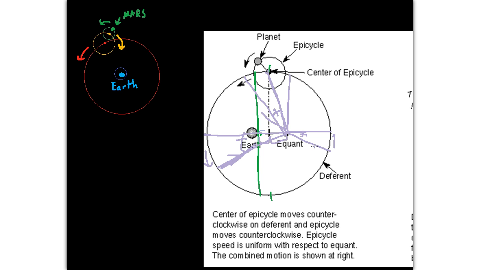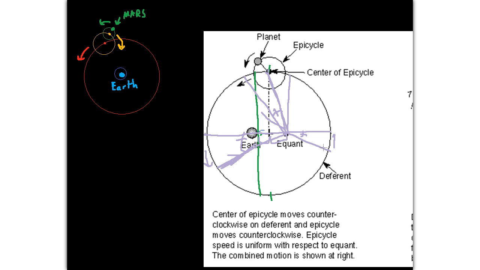And this accounts in part for the varying speeds also of the planets. What he was saying, and I'll repeat this because it's a little bit strange, is that the planet's angular motion around the equant is uniform. What that means is that from our perspective on Earth, it's going much faster over here when it's close to the Earth than when it's over here far away from the Earth.